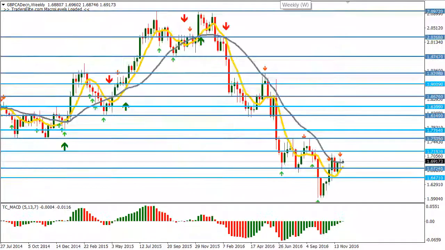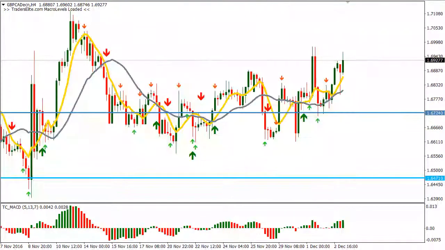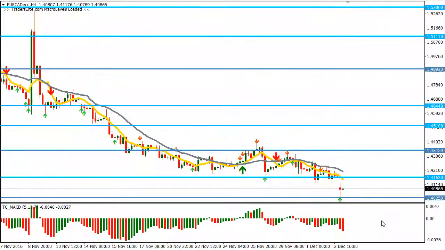And pound CAD, we've got weekly down, up on the daily and up in the 4 hour, so a bit of a tricky one. So if you're going to take any trade, then possibly the Euro CAD, but not at its levels. It's a little oversold. Again, there's probably easier opportunities in the marketplace.